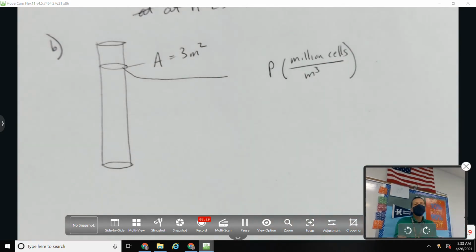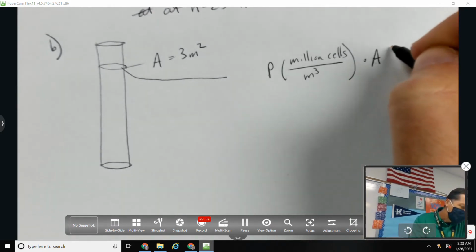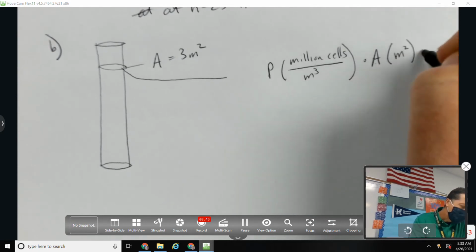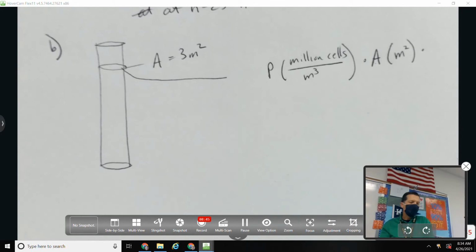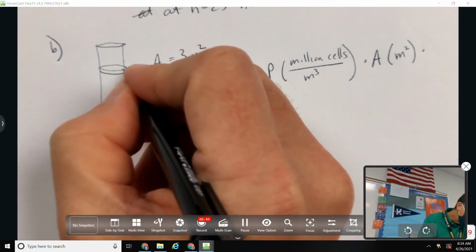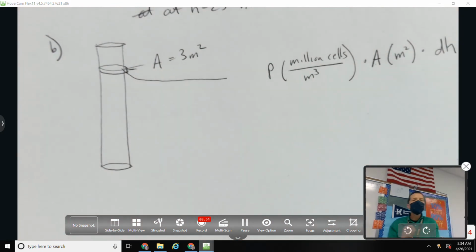So I need to multiply by the area, which is 3 meters squared. That would get me to million cells per meter. And then if I wanted to multiply by the thickness, that thickness is just dH.